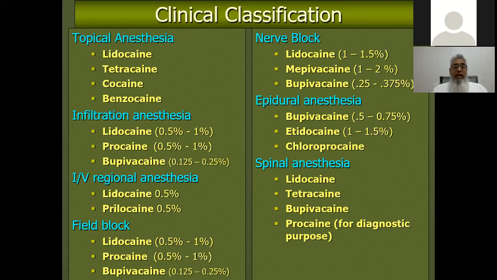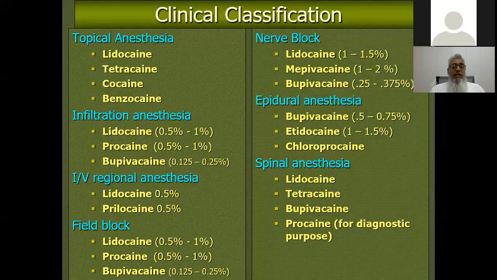Infiltration anesthesia: the drug is infiltrated by injection into the dermis for a discrete part of the body. So minor surgical procedures like stitching and abscess draining, or lipoma, ganglion removal, or mole removal, can be safely conducted by infiltration anesthesia.